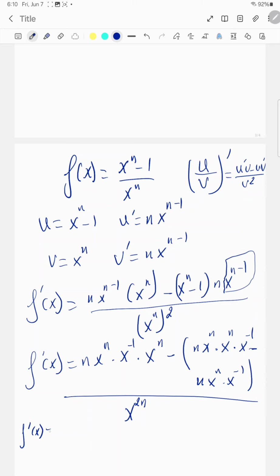Now let's get rid of the parentheses in the numerator. F prime of x is equal, here x to the power of n times x to the power of n is equal to x to the power 2n. It's equal n x to the power 2n times x to the power minus 1.